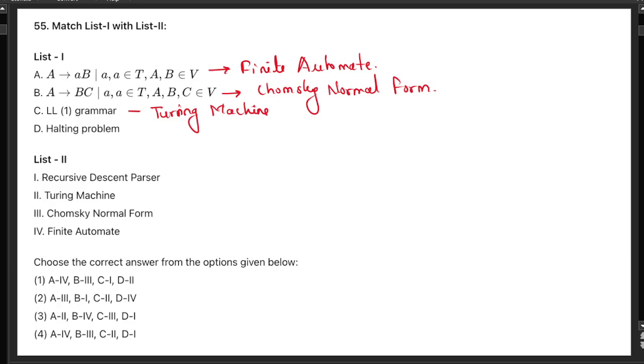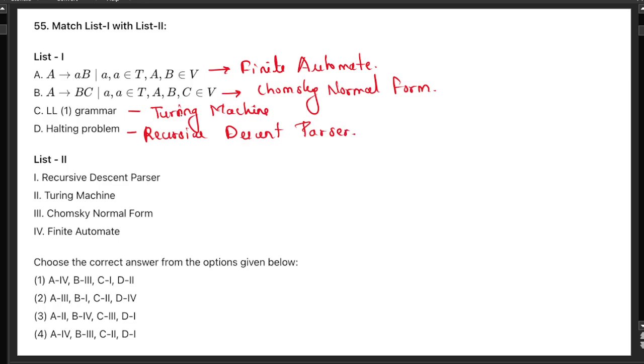So halting problem and Turing machine, we cannot say it is matching. We can say that LL1 grammar matches with Turing machine. And if we talk about the halting problem, this matches with recursive descent parser.